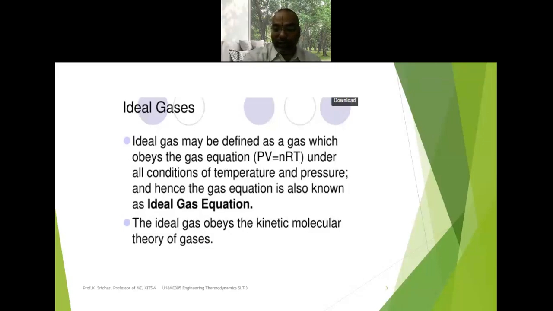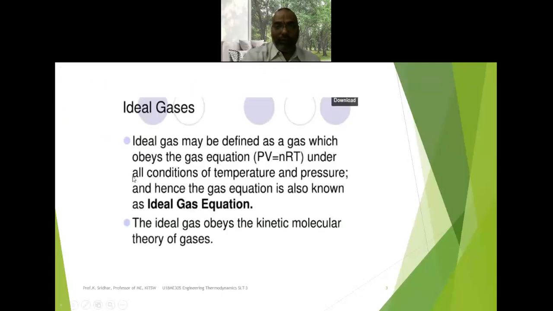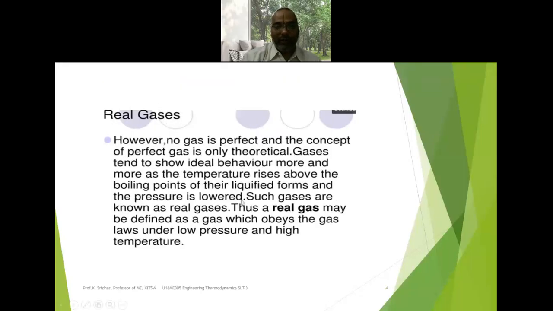In the next slide on real gases, a real gas may be defined as a gas which obeys the gas laws under low pressure and high temperature. That is very important: under which conditions a gas will behave like an ideal gas.